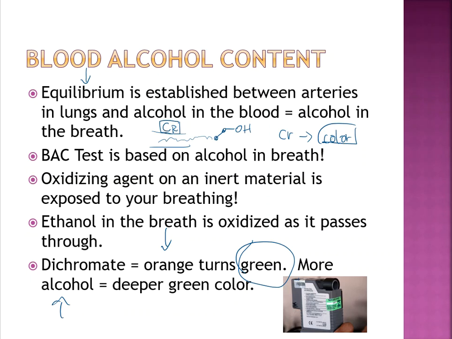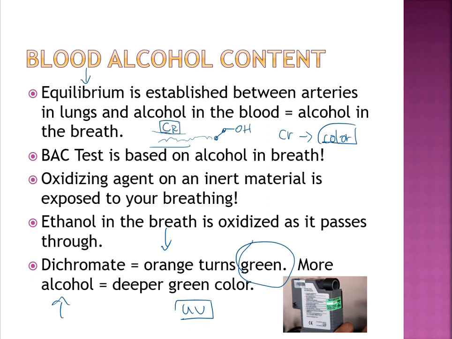That green color was measured using a UV-vis spectrometer that was built inside of the instrument, a very portable device nowadays. But this began to get modified and change, and we improved the breathalyzer over the course of time, and it doesn't necessarily work like this anymore, but this was an early version of the blood alcohol content test.